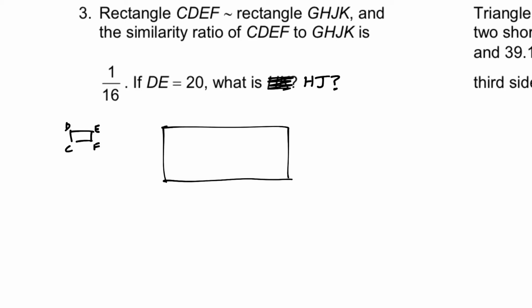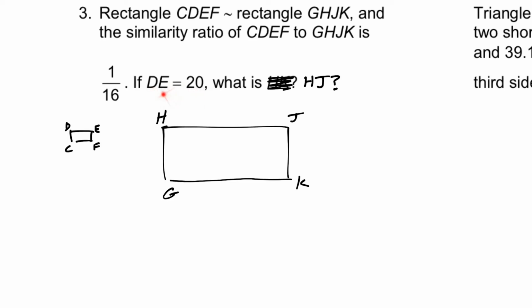Even on that first one that I did, you can't go G, H, and then J, K. You can't do that. You must wrap around the figure. So let's go ahead and do that. So this would be G, H, J, and K.